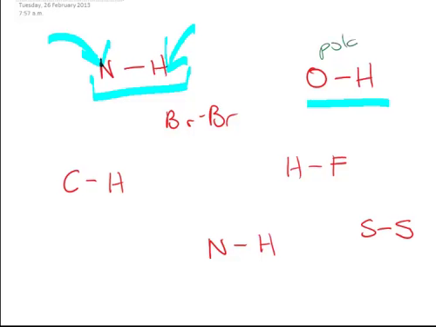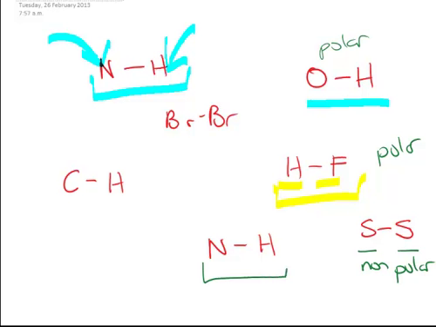And if we look at HF here, again, is H different from F? Yes, it is, so that's going to be polar. Is S different from S? No, it isn't, so that's going to be non-polar. Is N different from H? Yes, it is, so that's going to be polar. Is Br different from Br? Is it going to be polar or non-polar? It's going to be non-polar because they're the same.